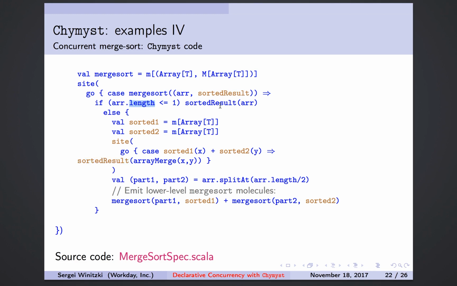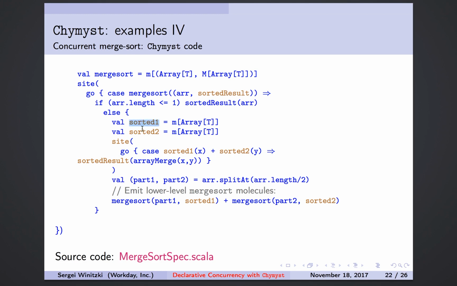The reaction immediately returns, calls the result continuation when the array has length 1. Otherwise, it defines two new emitters, and defines a new reaction that will merge the two halves of the array.